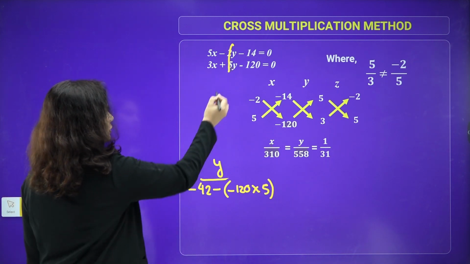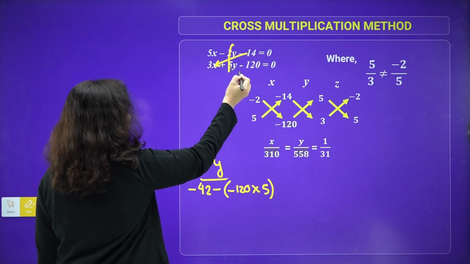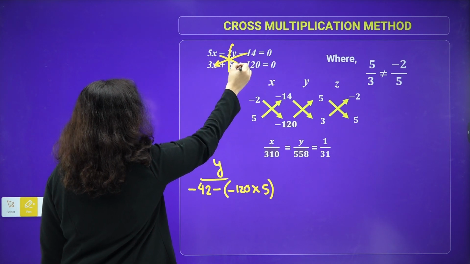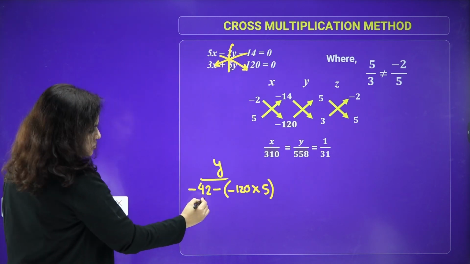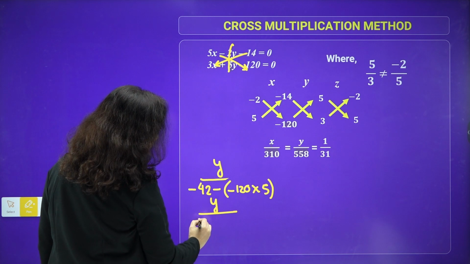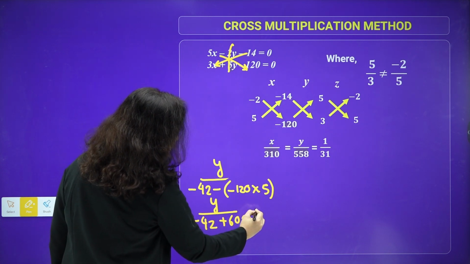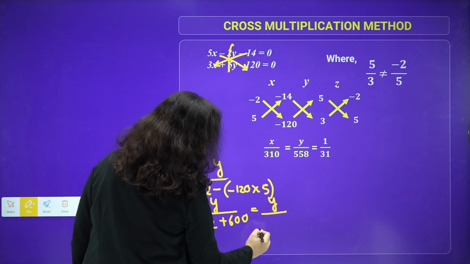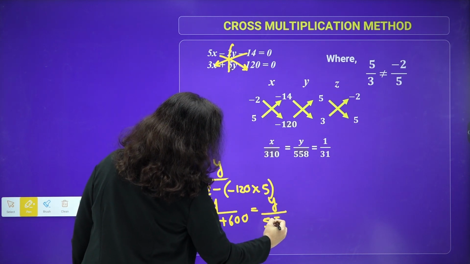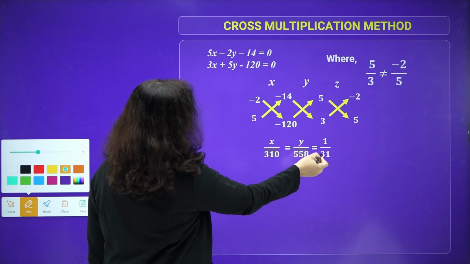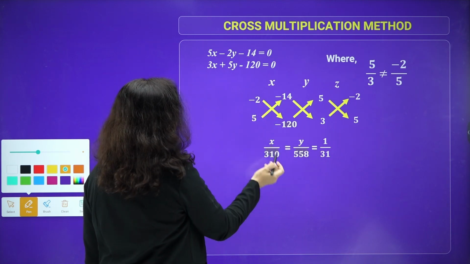Just look at the pattern here and then here. So, y upon minus 42 plus 600 will give you y upon 558.